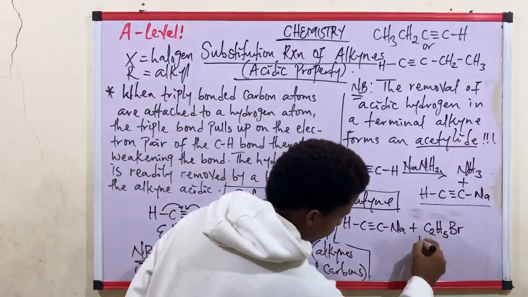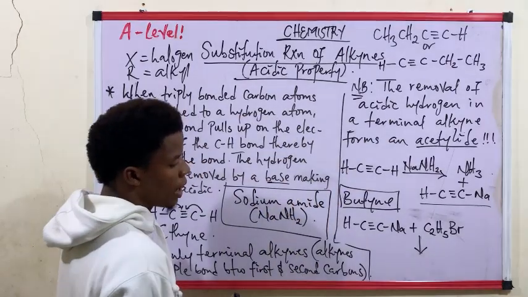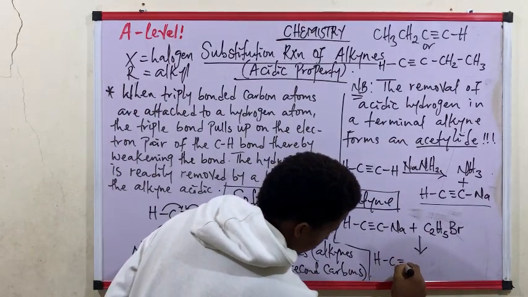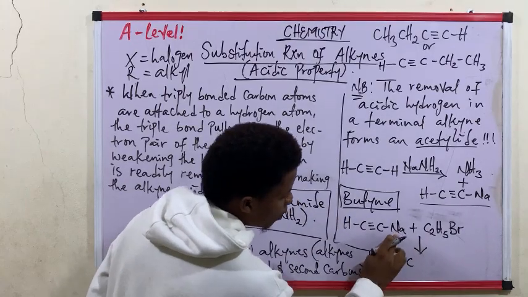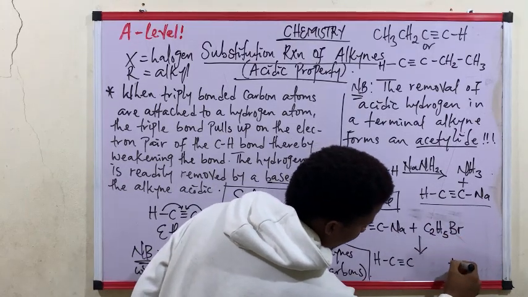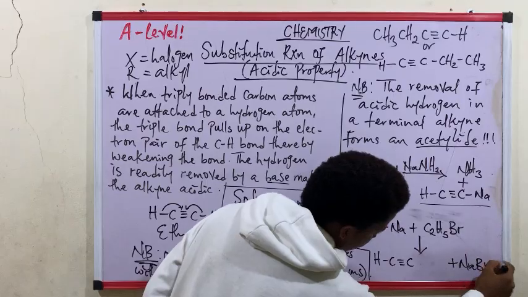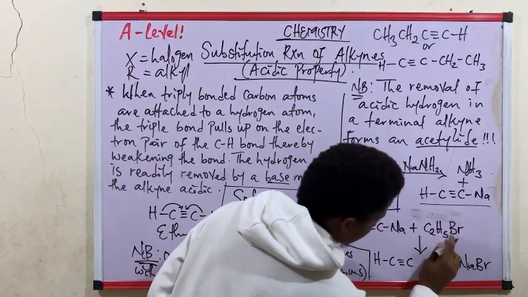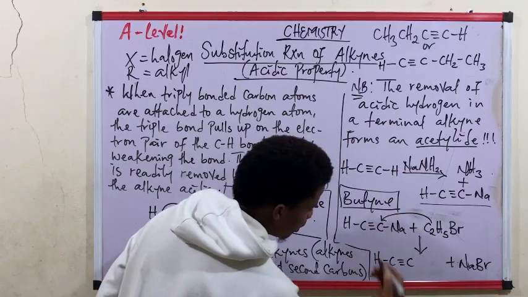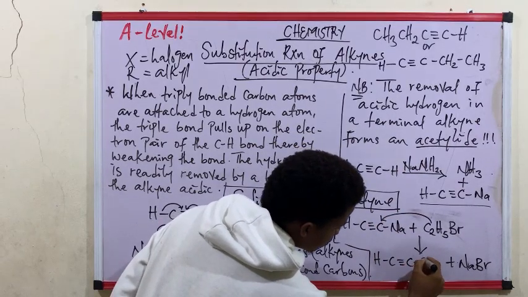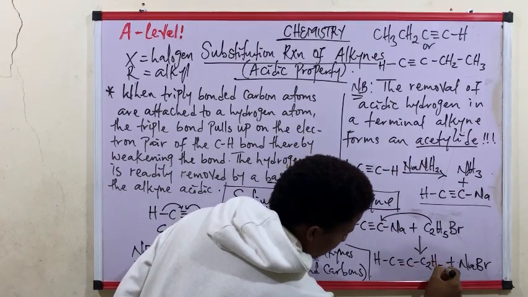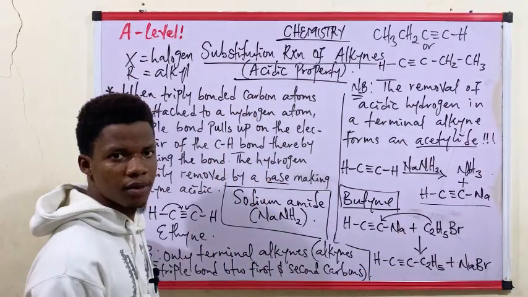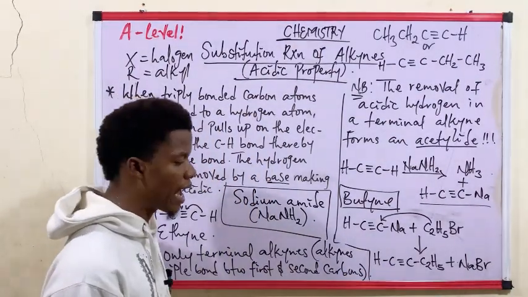Now, what will be our product? We are going to get HC triple bond C, then this sodium gets attached to bromine, so we have NaBr. Then our alkyl will come here, C2H5. So we have gotten butane, also known as but-1-yne.